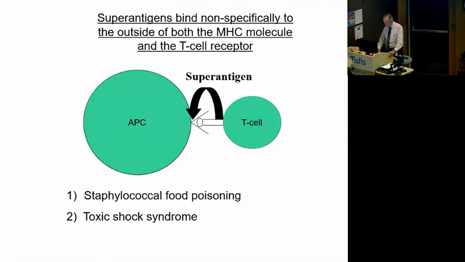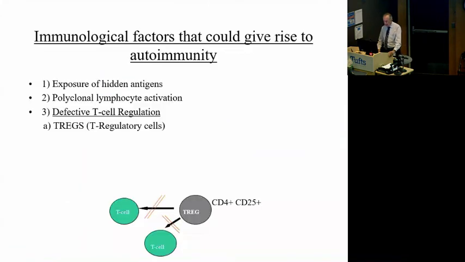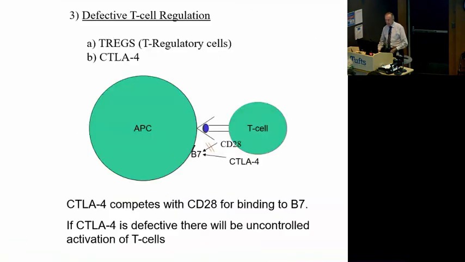These are possibilities. Then there could be T cell regulation defects. I told you, you should make T regulatory cells. Maybe you don't. Maybe in some things you don't, so you don't turn down the immune response. You see? And here are some of the other regulatory mechanisms, like you don't make Treg cells.